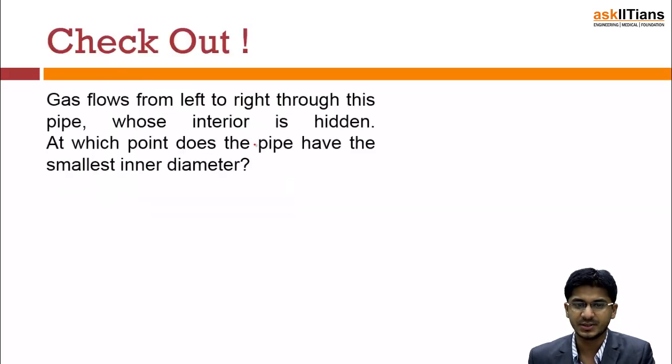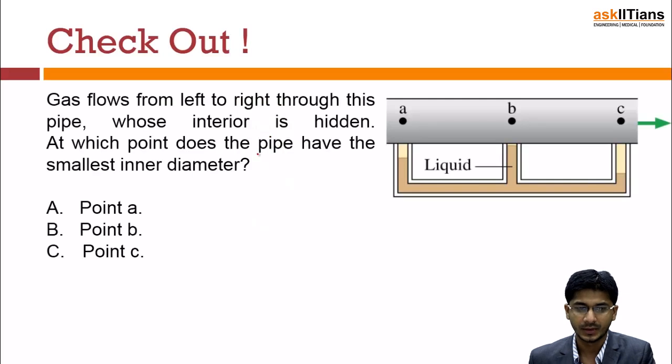Let's see some questions based on Bernoulli's equation. In this question, it's given that gas flows from left to right through a pipe whose interior is hidden. You don't know what kind of cross section it has. At which point does the pipe have the smallest inner diameter?